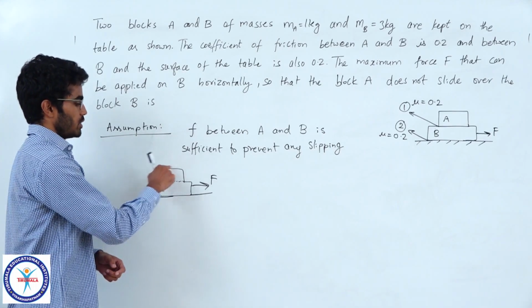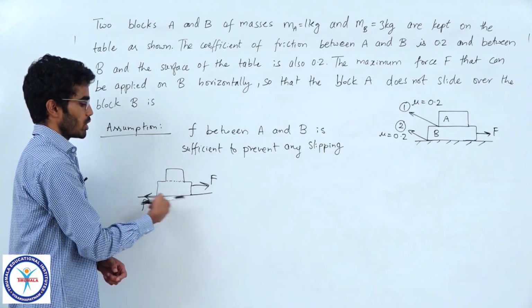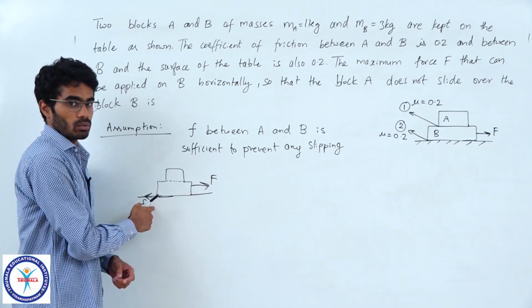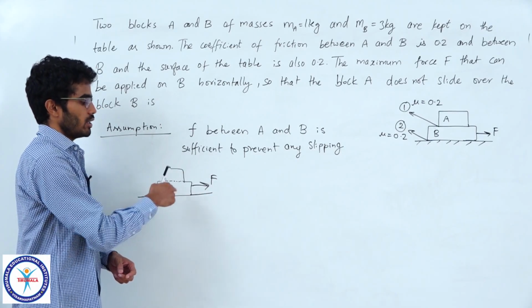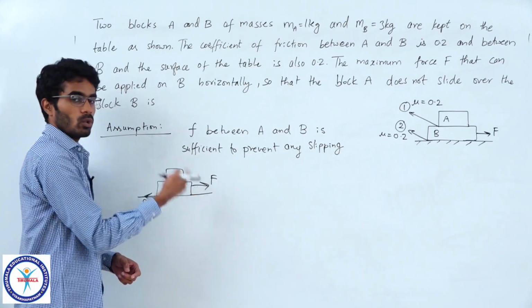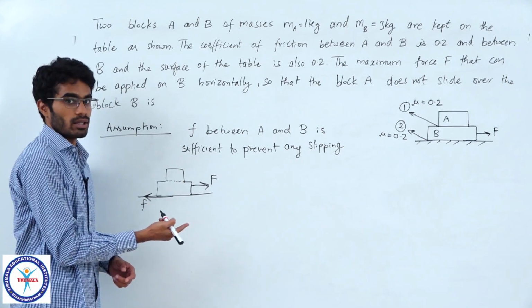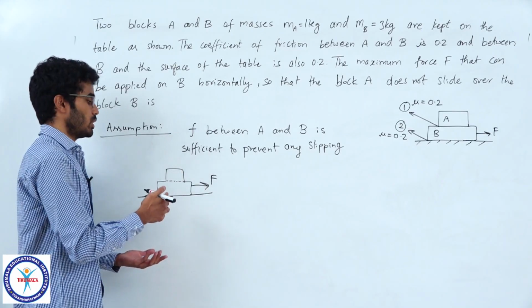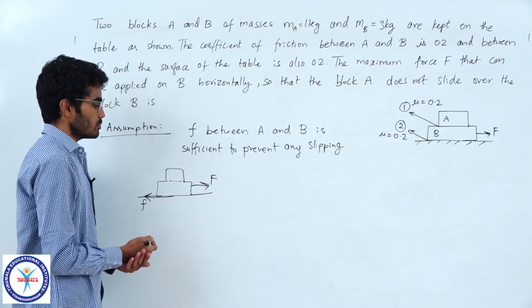So, if there is a friction acting on this system in the opposite direction, the force should be larger than that value. Only then the blocks will move, they will have some acceleration, and then only there is a chance for A to slide. We have to check that condition.